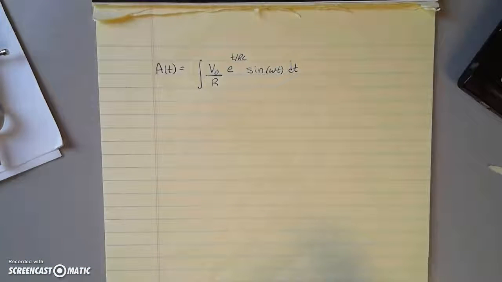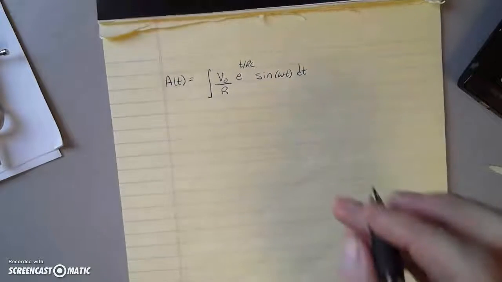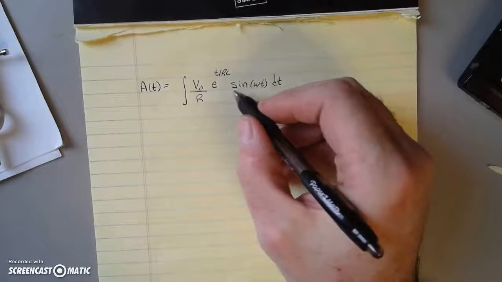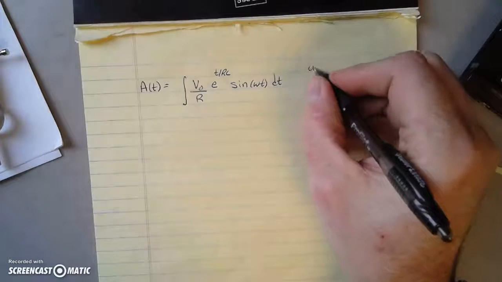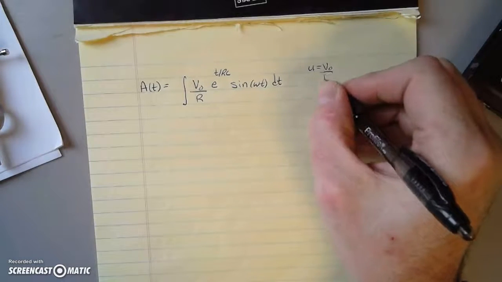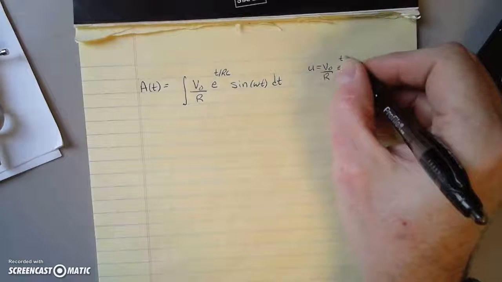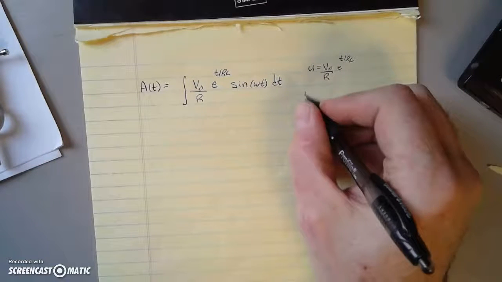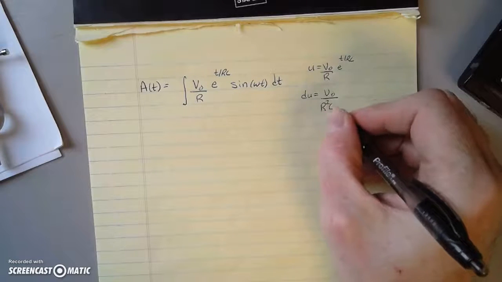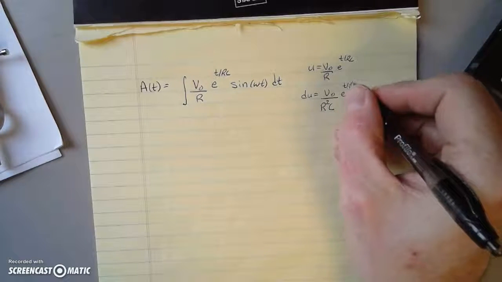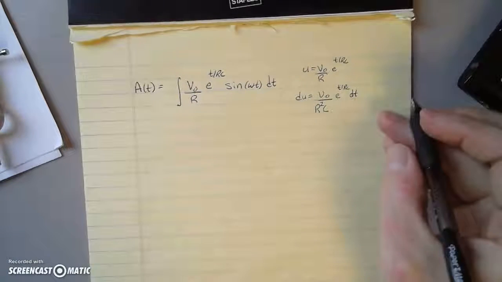And this is one of those tricky integration by parts problems. So what I mean is we're going to have to do this twice to end up back to where we started. So we'll let u be v naught over R e to the t over RC, so that du is v naught over R squared C e to the t over RC dt.